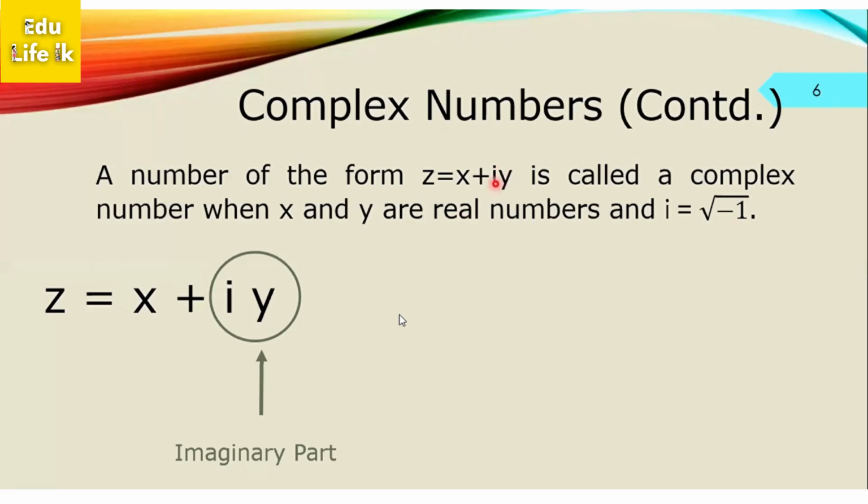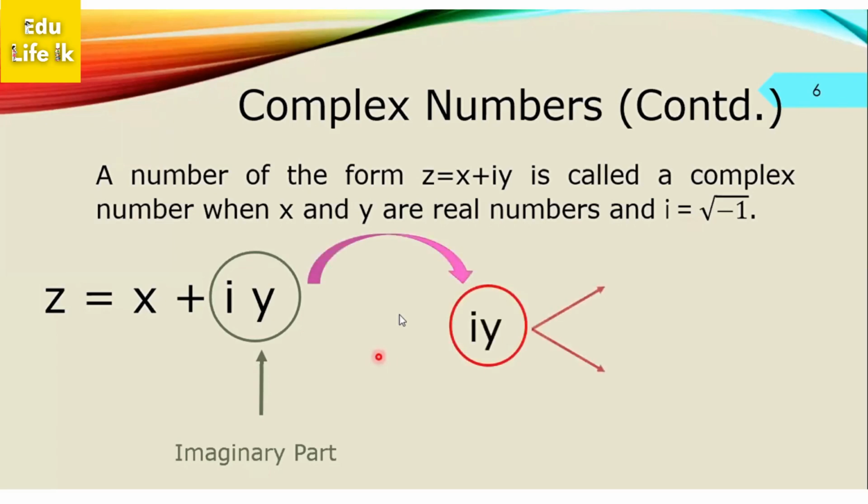But in complex analysis, iy is the imaginary one. If you multiply i with a real number y, then it becomes imaginary. Now, i is the square root of -1, which doesn't exist as a real number. That's an imaginary one. So that is why we call i an imaginary sign.